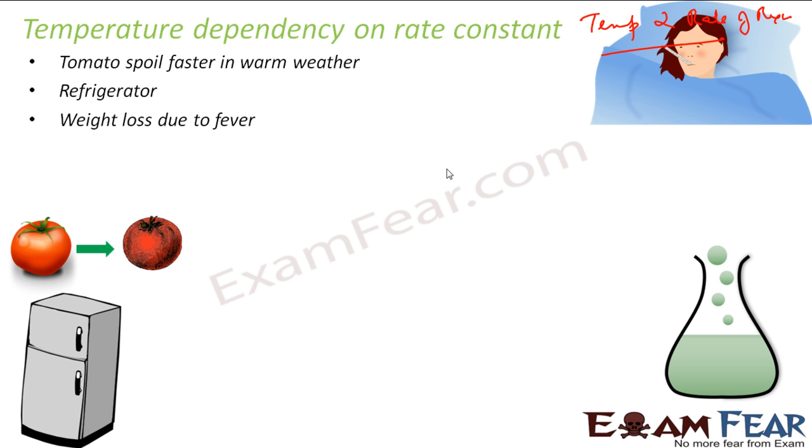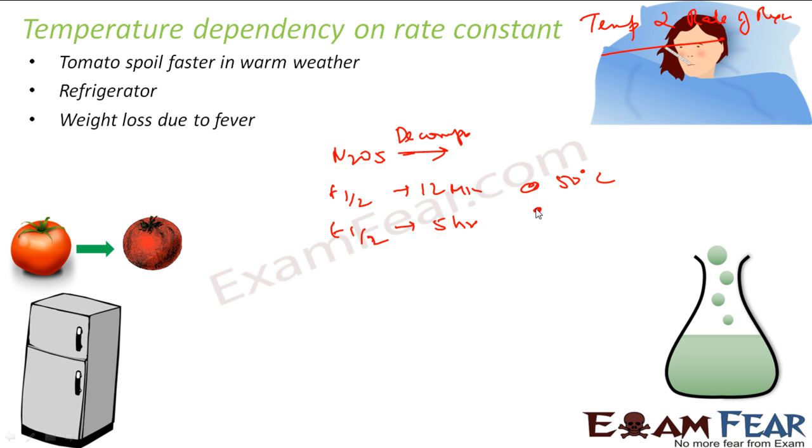Correct? For example, if you see decomposition of N2O5, if you want to break this, the T half for this reaction will be 12 minutes at 50 degrees Celsius. For the same reaction, T half becomes 5 hours. It will take 5 hours to decompose to half at a lower temperature, that is 25 degrees Celsius.